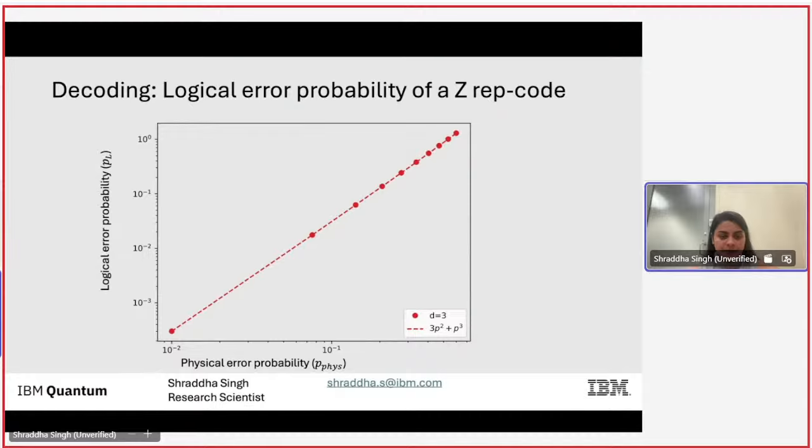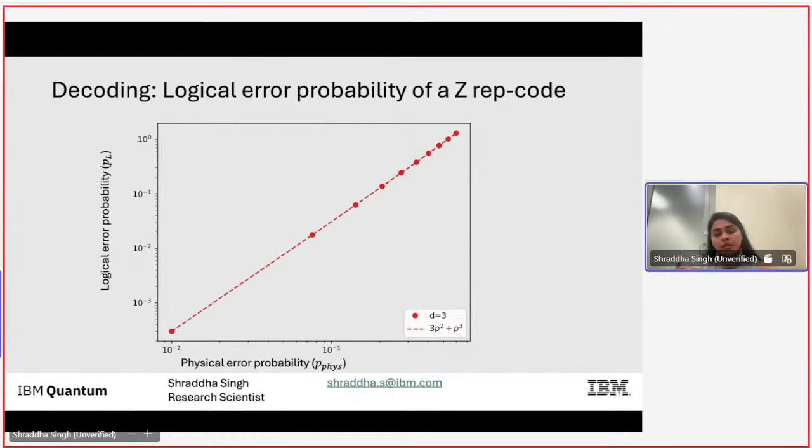The physical error probability is given by P. Your logical error probability goes as 3p squared plus p cubed, which means you are bounded by 2-qubit and 3-qubit errors. Like I said, I can't correct 2-qubit and 3-qubit errors with a 3-qubit error correcting code. This was clarified in the very first slide. This is essentially just classical error correction. I'm not even talking about quantum error correction right now.